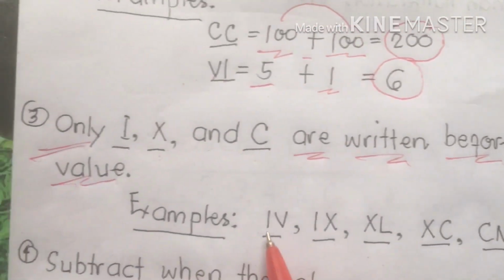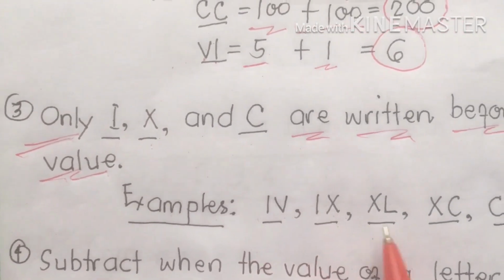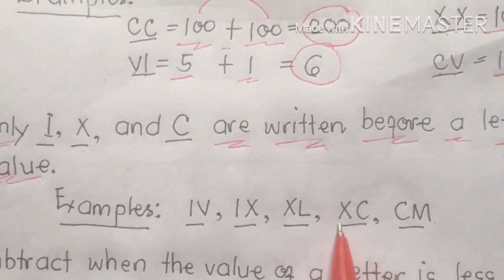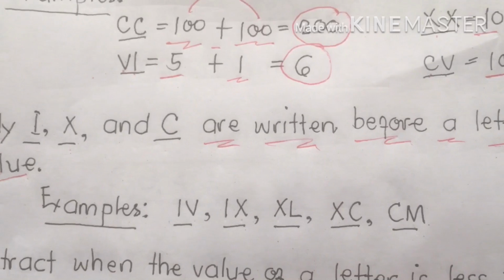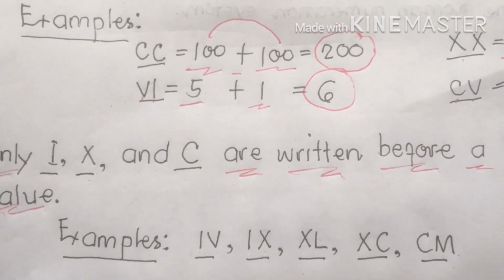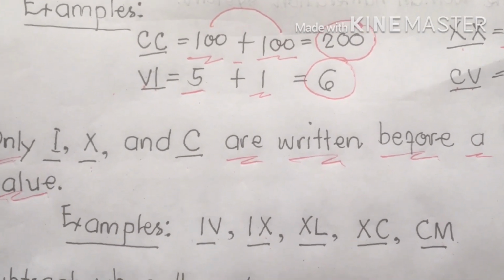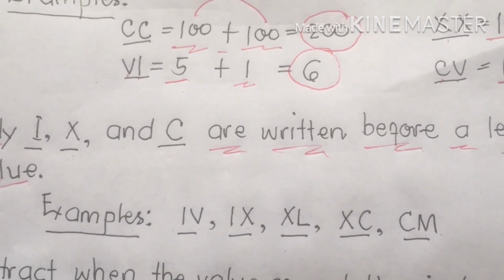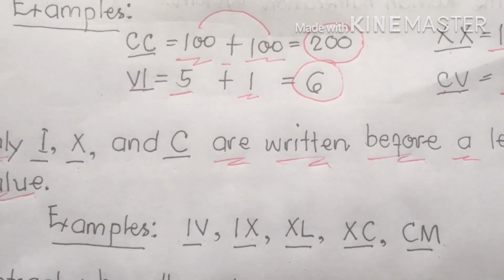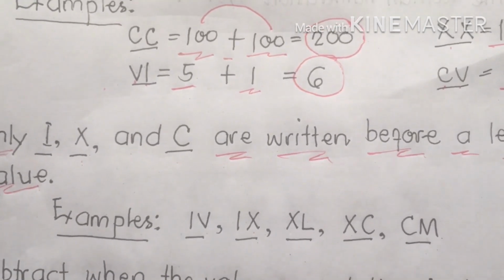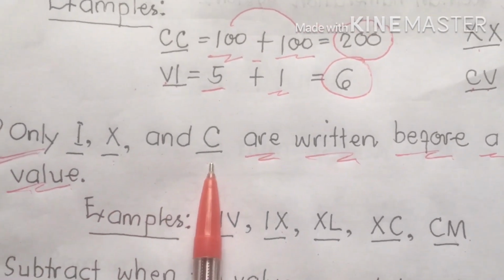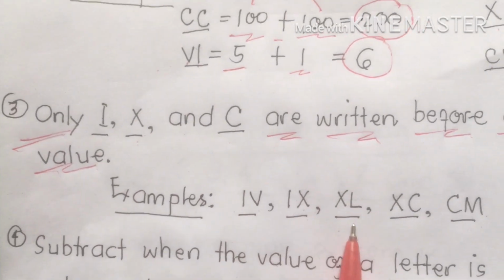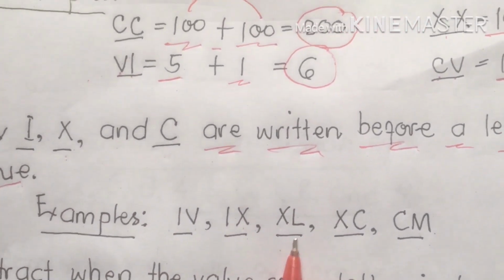So for example, IV, IX, XL, XC, CM. That means the other letters, class, we can't write before a letter of greater value. Except for I, X, and C only, we can write it before a letter of a greater value, just like this one.